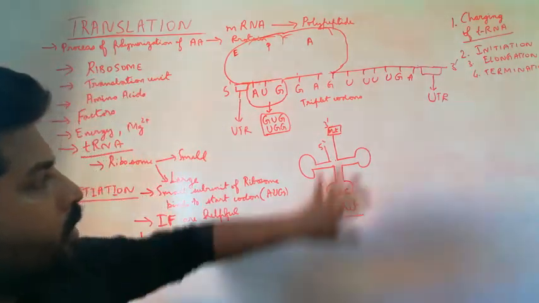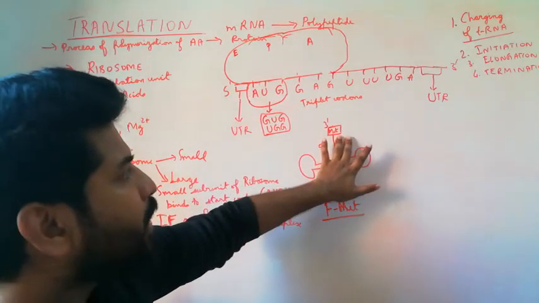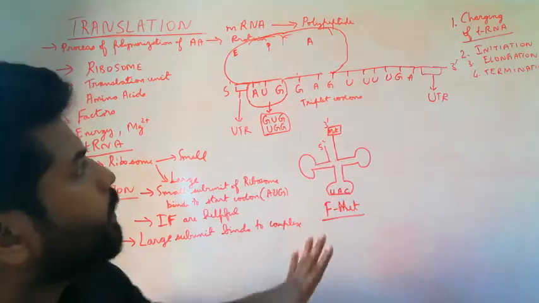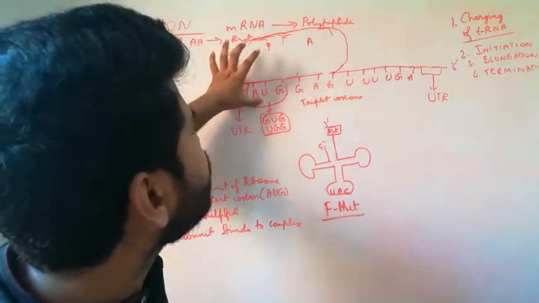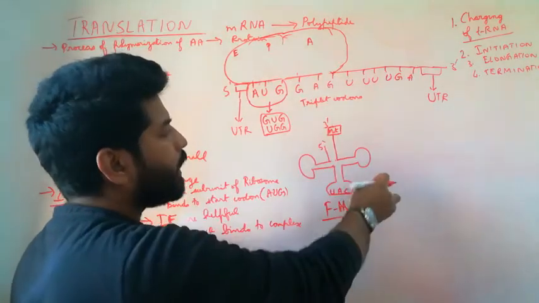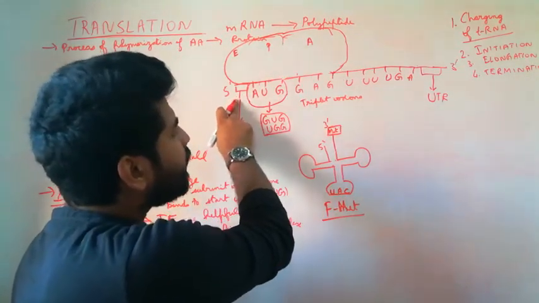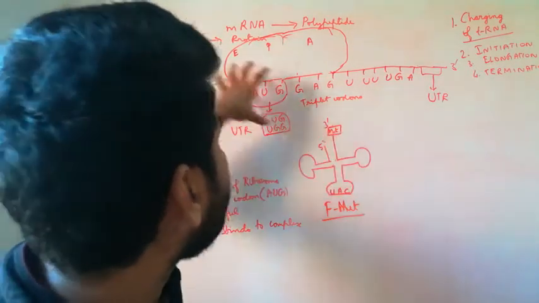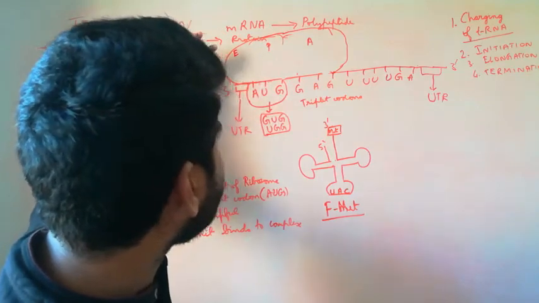So now that the tRNA molecule carrying the methionine amino acid is ready, once the small unit and large unit are bound, this tRNA molecule will come and bind to the untranslated region. So it will come and stand somewhere over here, and they will keep on walking like this in this direction.